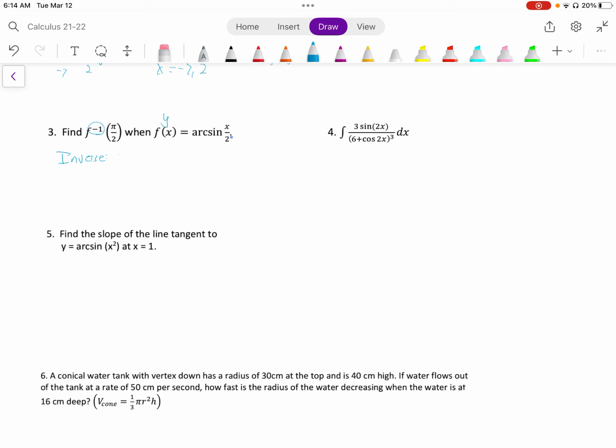So we want to say x equals arc sine or inverse sine of y over 2. So we'll take the sine of both sides, and we get sine of x equals y over 2. Multiply both sides by 2, and we get y equals 2 times the sine of pi over 2.